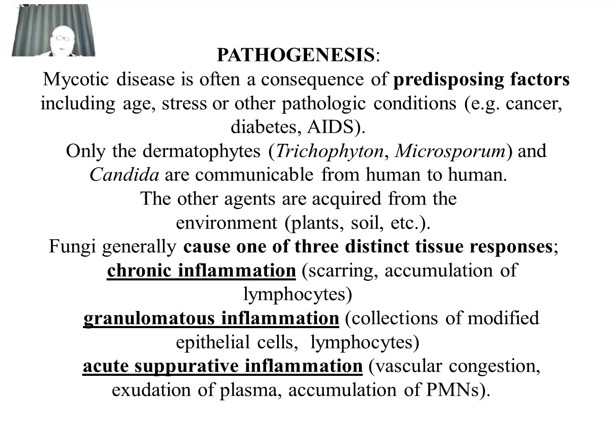Fungi generally cause one of three distinct tissue responses. First, chronic inflammation resulting in scarring and destruction of tissues. Second, granulomatous inflammation, leading to collections of modified epithelial cells and lymphocytes. Third, acute suppurative inflammation, causing vascular congestion, exudation of plasma, and accumulation of lymphocytes.